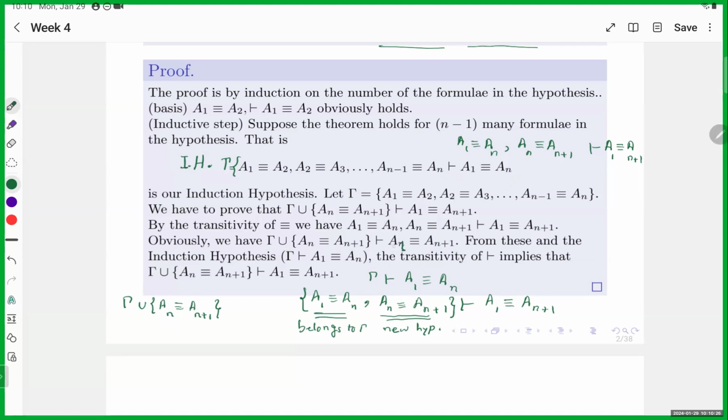Gamma union this formula implies both of these formulas, this one and this one, and these two together prove A1 is equivalent to AN plus 1. Therefore, by the transitivity of the proof, since gamma proves both of these, gamma proves this.